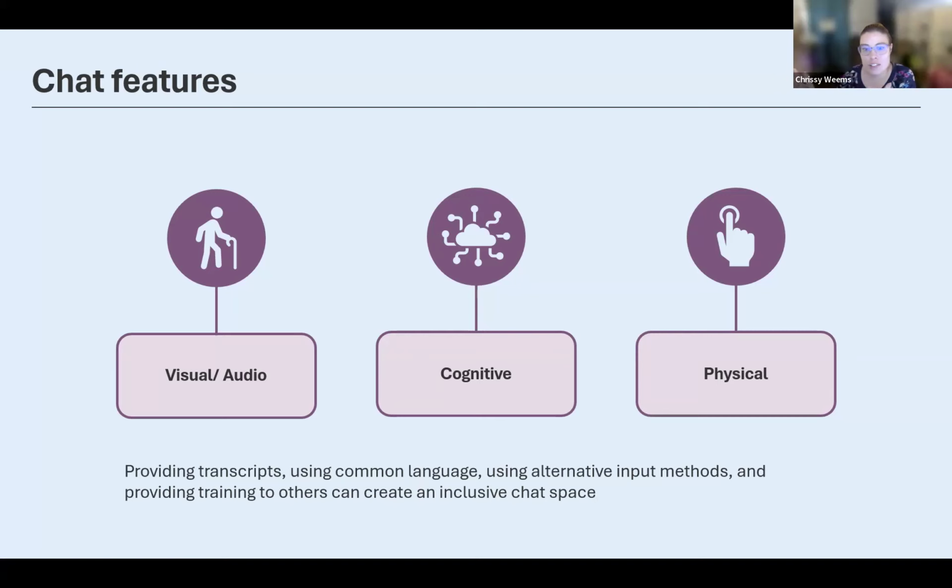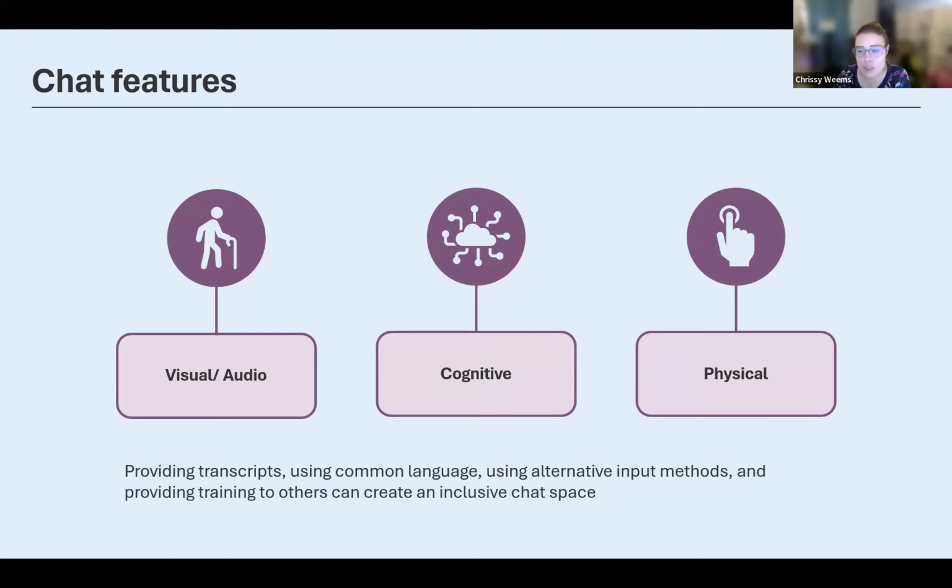Sometimes as quickly as chats are coming in and going out, everybody's just really excited and going. That can be really overwhelming for some people. And so if we can just think about when we're chatting, giving people a little time to respond, making sure that we avoid jargon and provide clear context, it can really help people comprehend those messages a little bit easier, and they can participate more meaningfully.